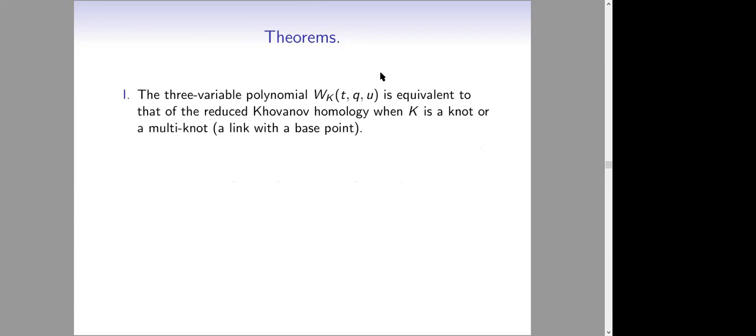Okay. Thank you. And here are a few theorems. The Poincare polynomial of this winding homology is the same as the Poincare polynomial of the reduced Khovanov homology when K is a knot.